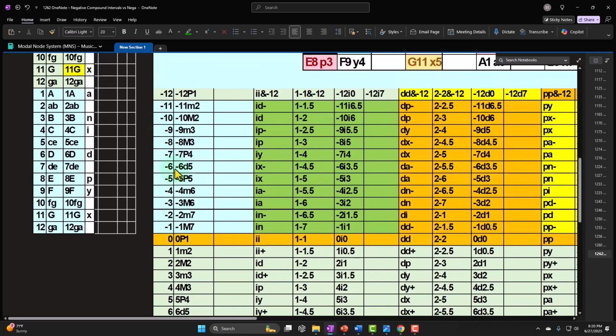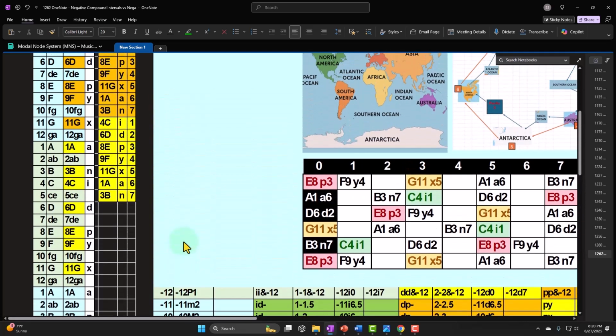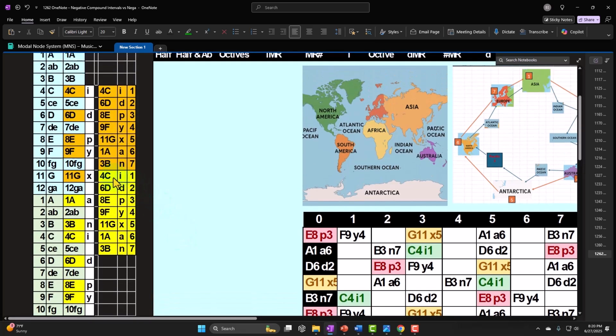Now we saw when we go counterclockwise, we run into a problem with the scale degrees. Why? Because we started the scale degree at 1. In other words, if I'm looking at this C and I measure going forward, I should be measuring from the C, making this the 1 modal half step away, 2, 3. But no, we make this the scale degree. If that's the 1, this is the 2.